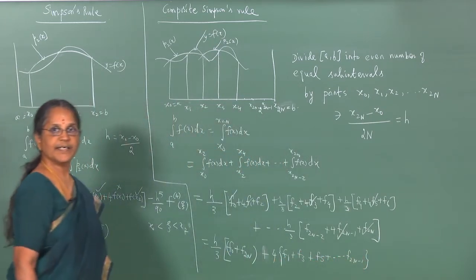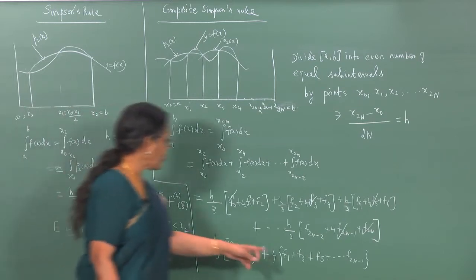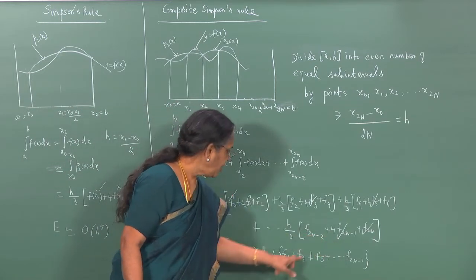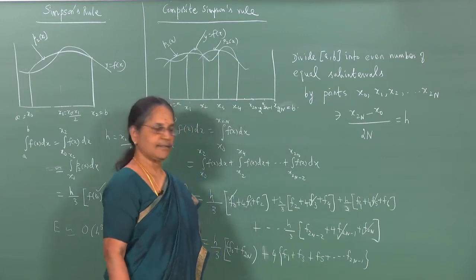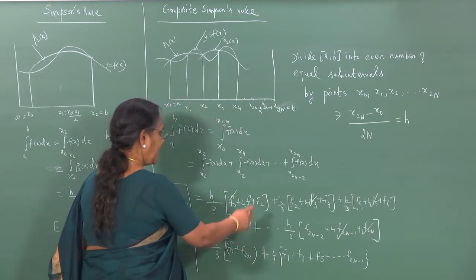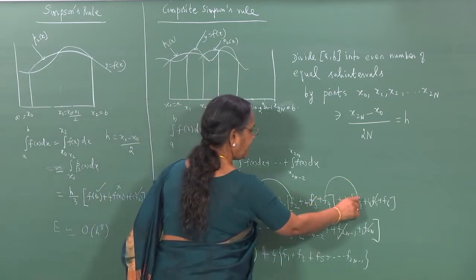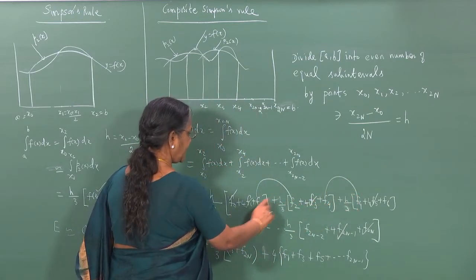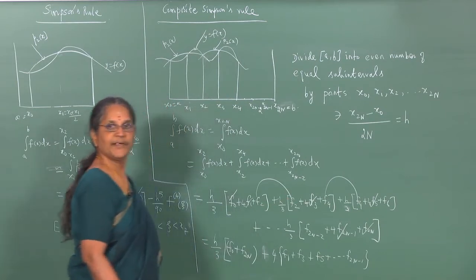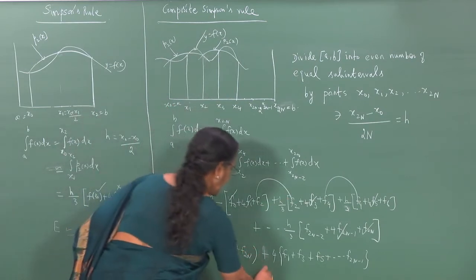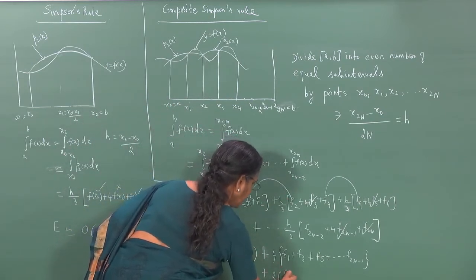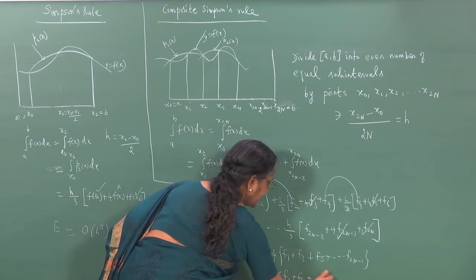These are terms which correspond to the sum of the odd suffixed ordinates. Then I look at the even suffixed ordinates. I observe that each of these even suffixed ordinates appears twice. So, I have twice f2 plus f4 plus etc.